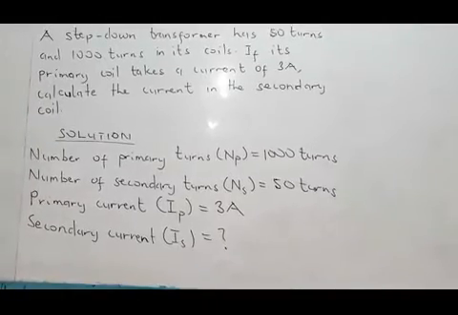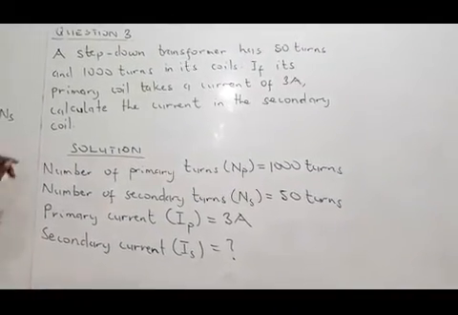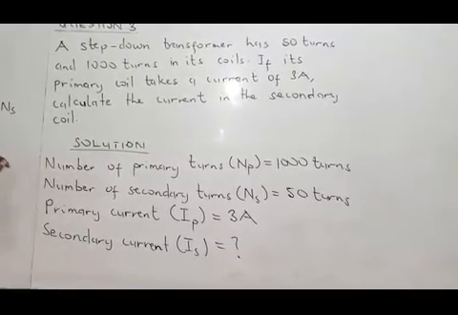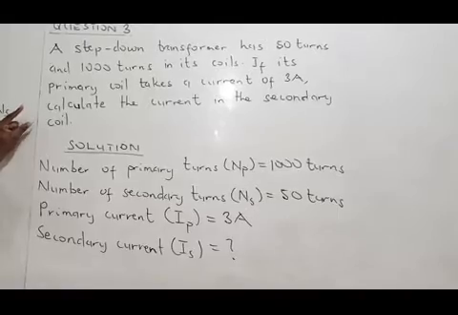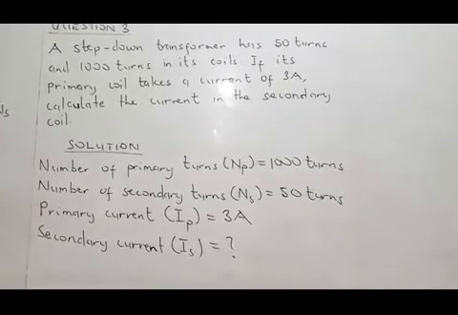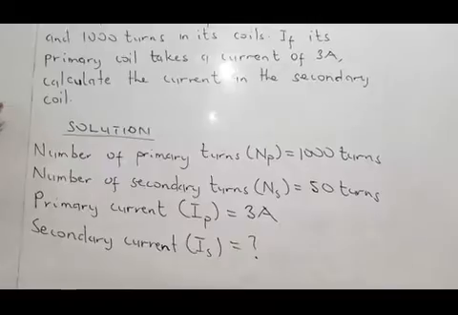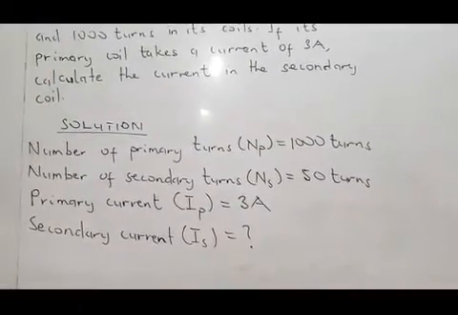Okay, so the problem with this question is for you to identify which of the turns is the primary and which one is the secondary. As I said, because you are dealing with a step-down transformer, the number of primary turns should be greater than the number of secondary turns. So 1,000 turns is greater than 50 turns.